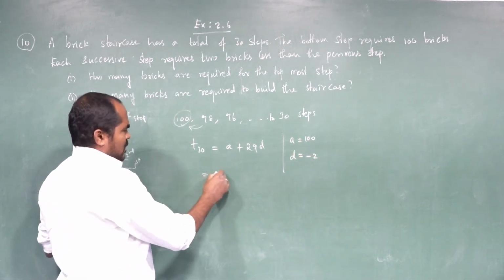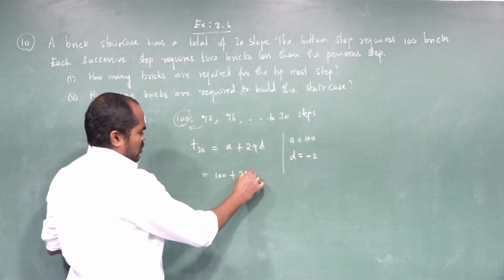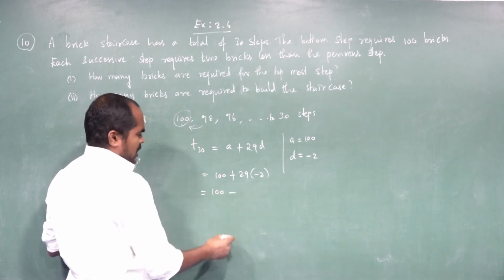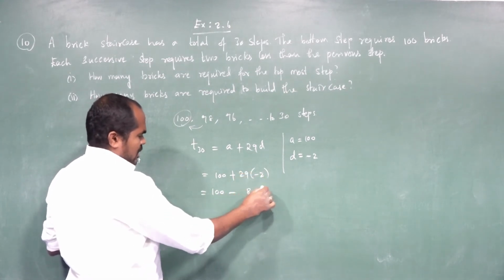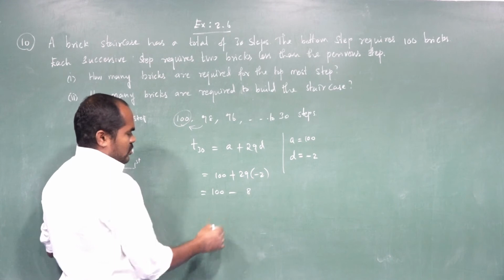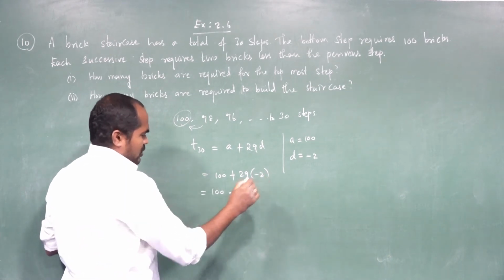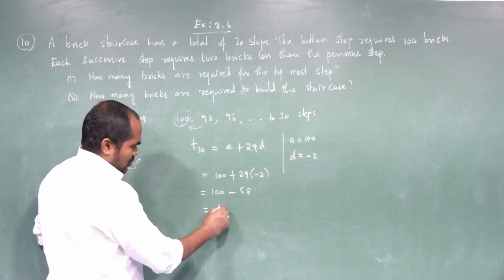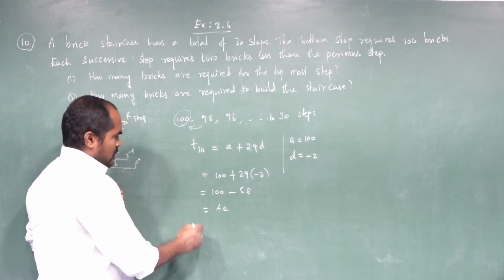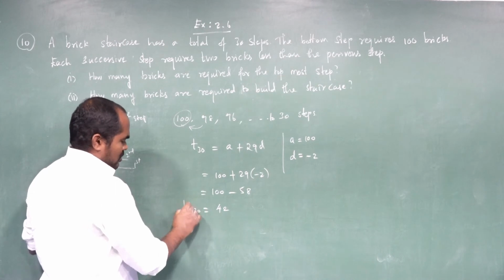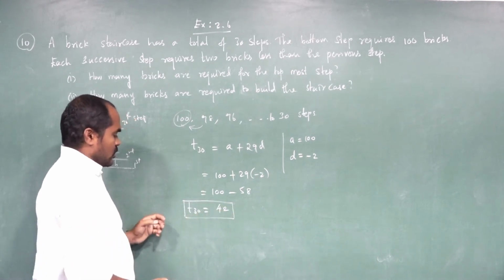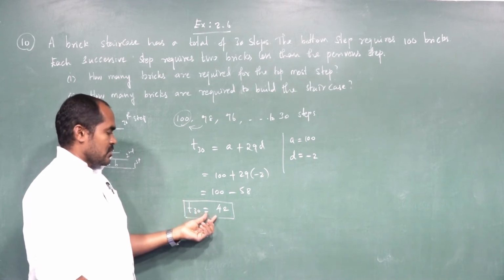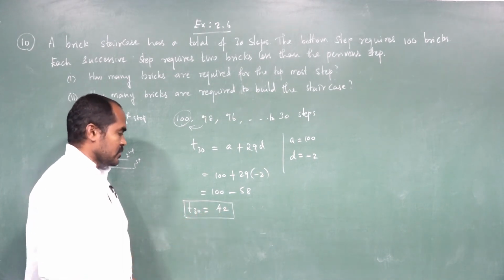So that is equal to 100 plus 29 of minus 2. 9 2s are 18, 2 2s are 4, 4 plus 1 is 5, so 58. So 100 minus 58 is 42, right? So T30 is equal to 42.